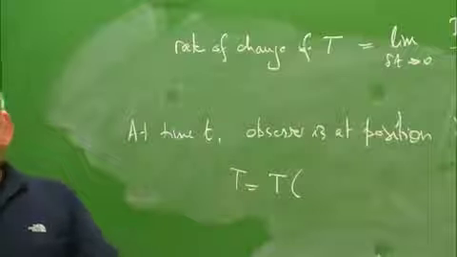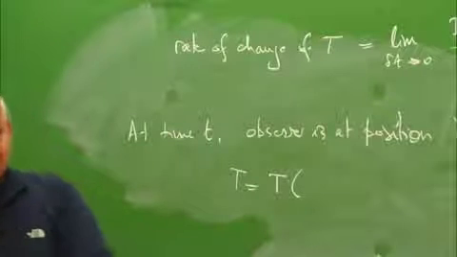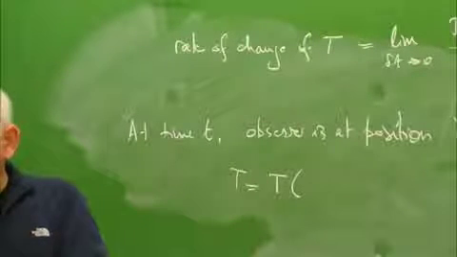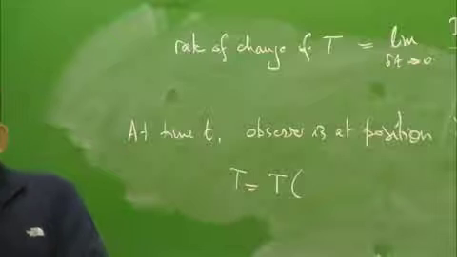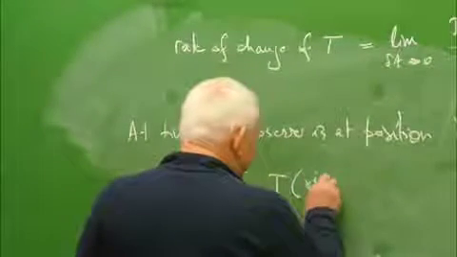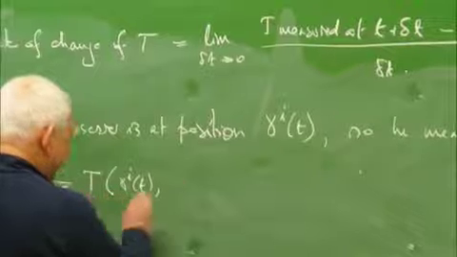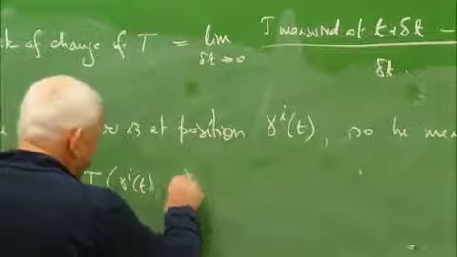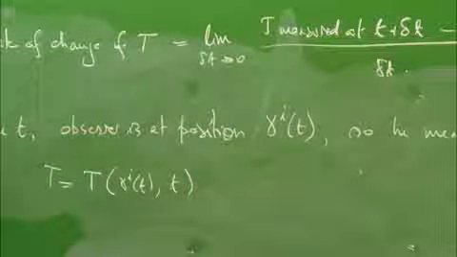You want to know what temperature the observer is measuring. So you need to substitute the coordinates of the observer and the time at which the measurement is made. The coordinates of the observer are given to you by the functions gamma^i(t), and the time at which he is measuring is time t.